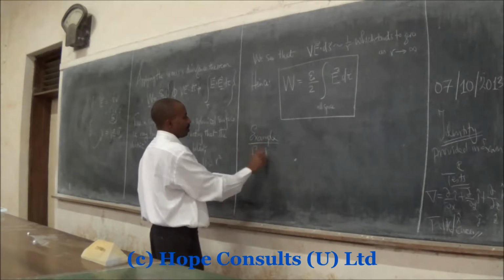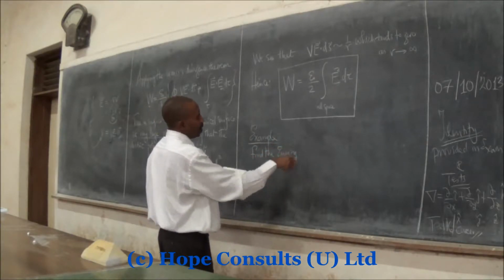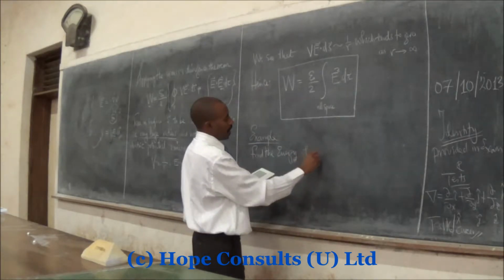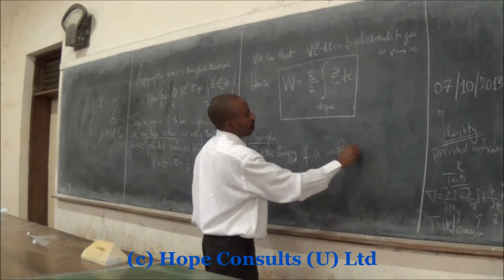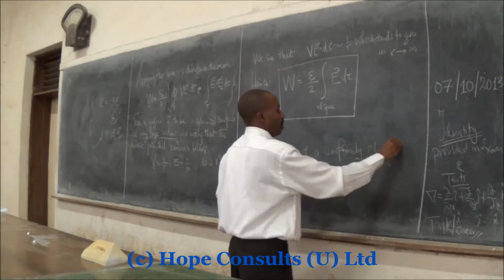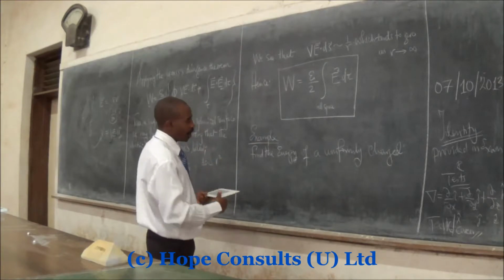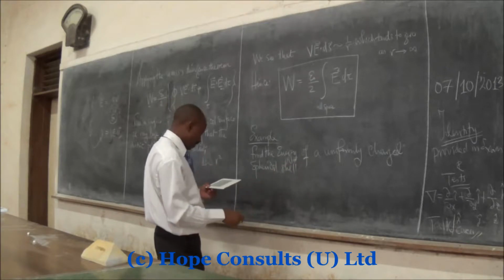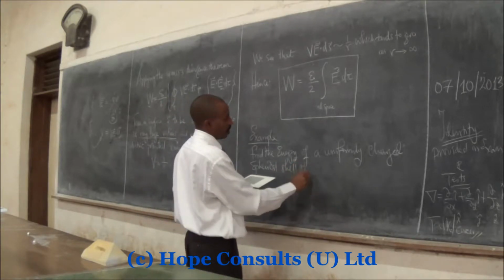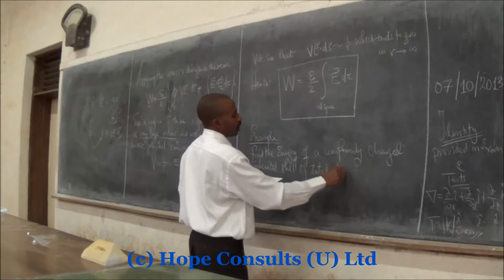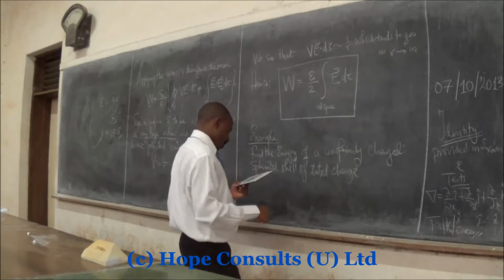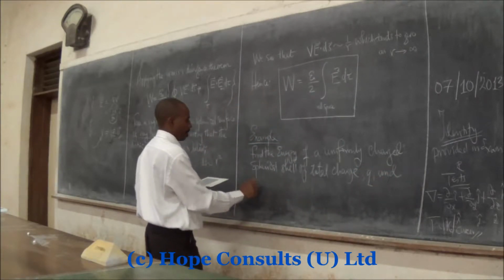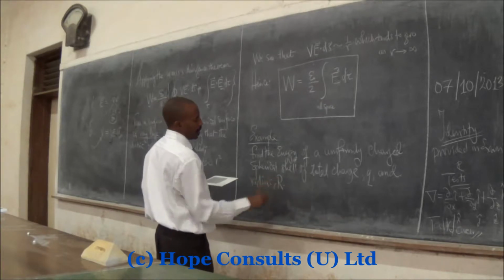Find the energy of a uniformly charged spherical shell of total charge Q and radius R.